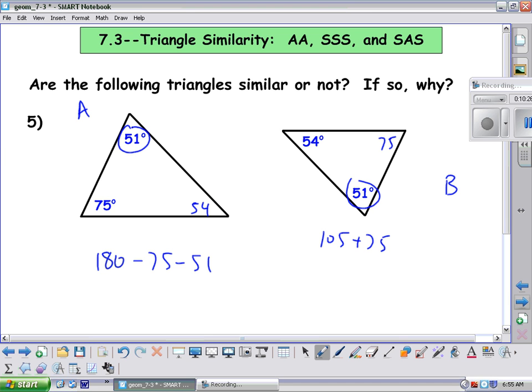Now I can take any two of the three. Let's take this guy and this guy, matching the one we've already talked about, and I've got angle, angle. So A is similar to B by angle, angle, and it's easy to see that all three are the same.